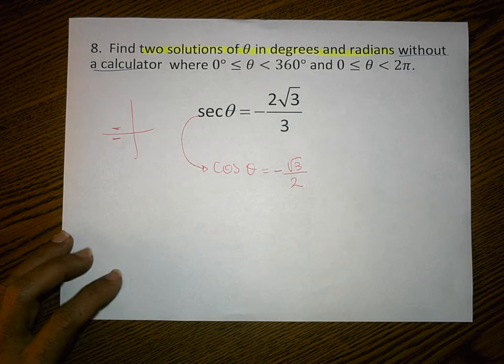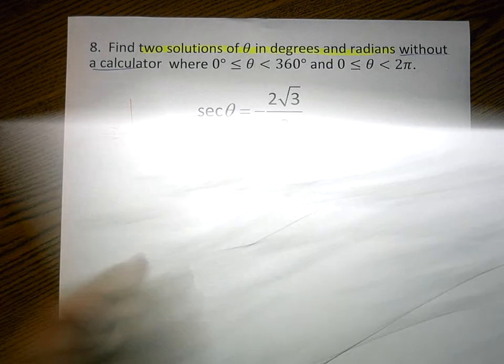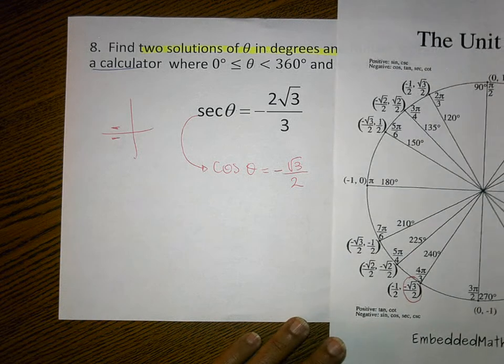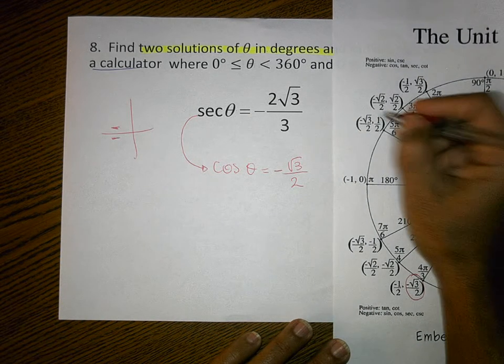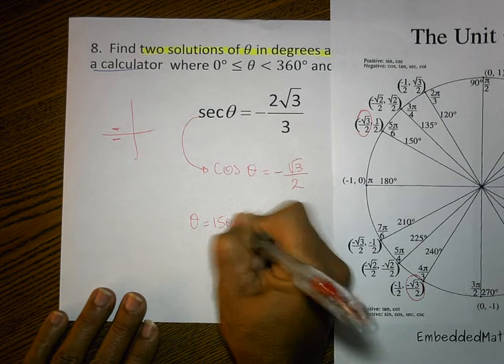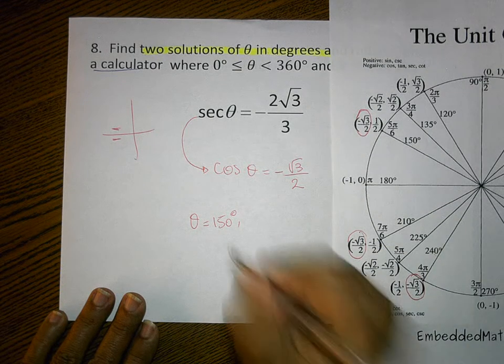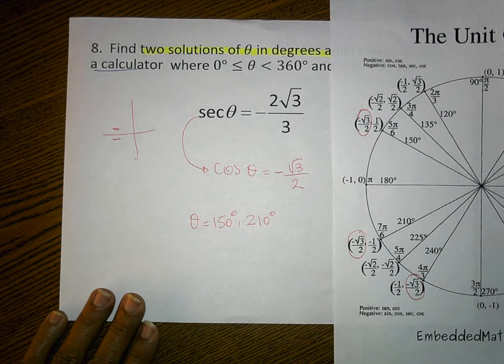So I'm going to look in quadrant 2 and in quadrant 3, but I'm looking for the cosine, which is the x value. So the cosine is -root 3 over 2 right here, 150 degrees, or right here, 210.